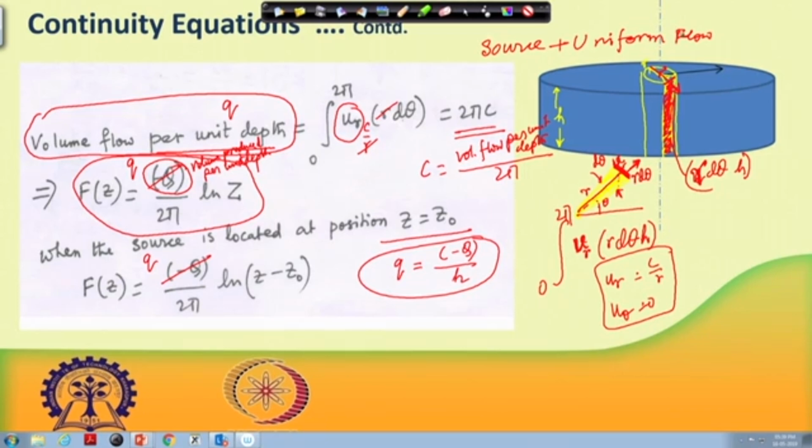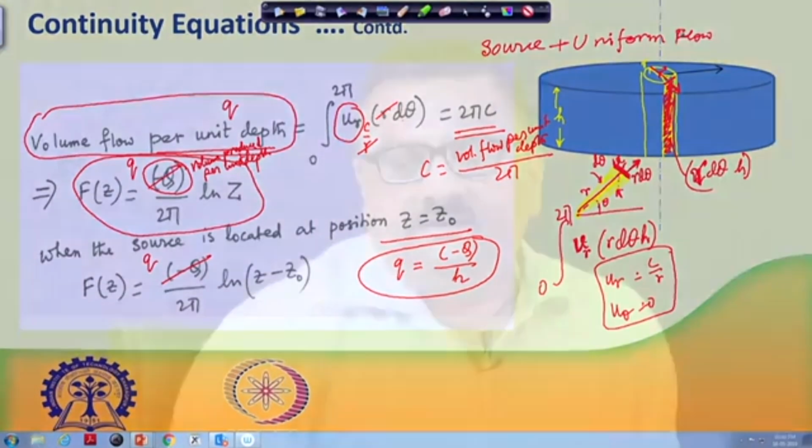We have already made a good understanding of the source, and we already understand uniform flow, let us say uz, if we are talking about only flow in the x direction. If we superpose the two, what would be the resultant streamlines and the resultant velocity profiles in the Cartesian or cylindrical system? These are some of the things I will get into in the next lecture.